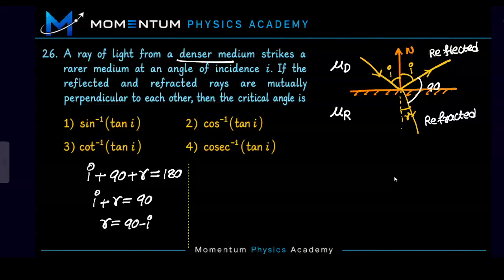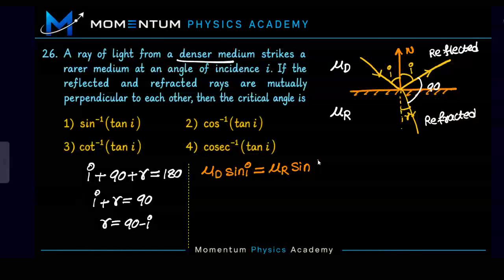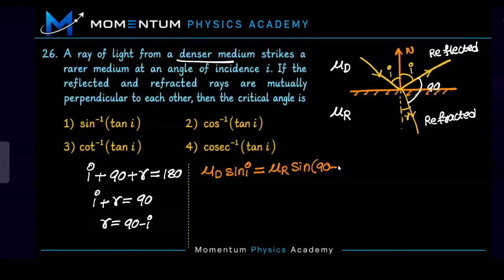Right? Now we apply Snell's law. So it should be equal to mu d into sin i, which is equal to mu r into sin r. Sin r, what will it be now? It is 90 minus i.